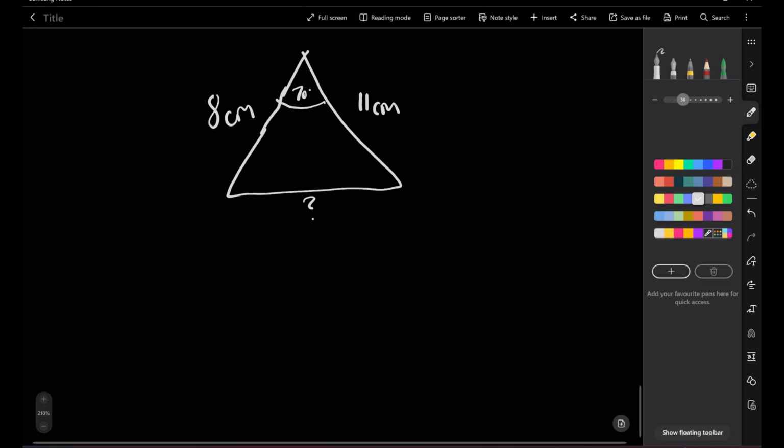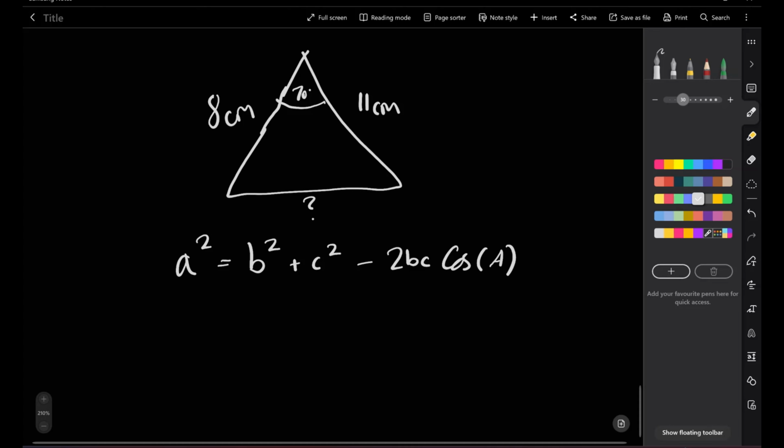So first of all, what we'll do is we'll recall what the cosine rule actually is. So the cosine rule is a squared equals b squared plus c squared minus 2bc cos a. So what we're doing is we're working out a, which is essentially that question mark.